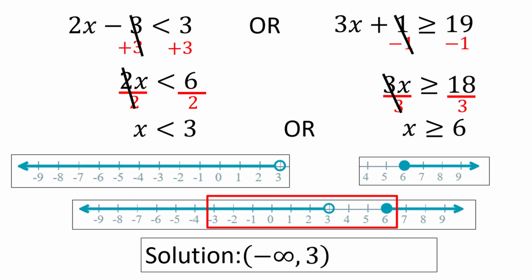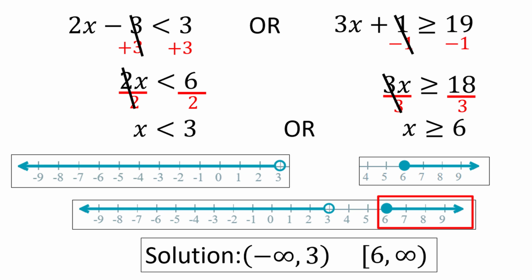The second interval begins at 6 and goes up to infinity. We use a bracket on the 6 here to indicate that 6 is part of the solution, as we had a greater than or equal to sign and a closed circle on our graph. We use the union symbol, which looks sort of like a capital U, in between our two intervals to indicate that the solution contains values inside either of the two intervals.